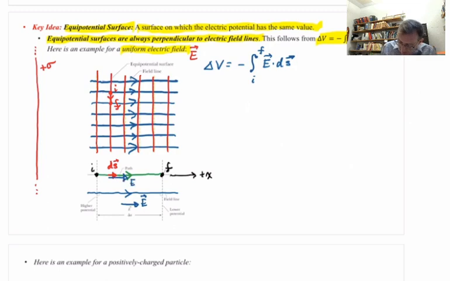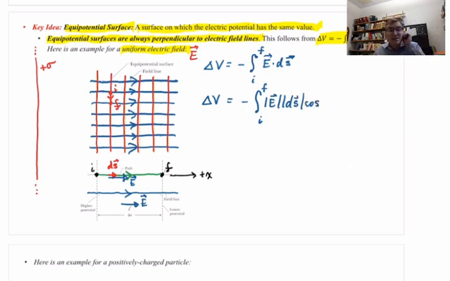Well, it just points to the right, just like the ds does. So when we do this dot product up here, we'll have delta V equals negative integral from I to F of magnitude E times magnitude ds times the cosine of the angle between E and ds. They both point in the same direction, so that angle is 0 degrees. Cosine of 0 degrees is plus 1.